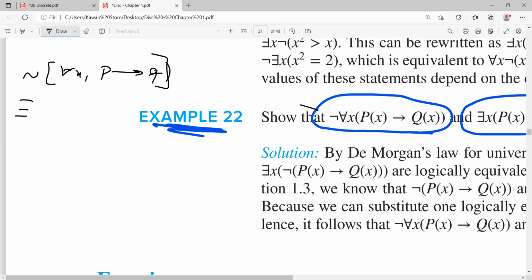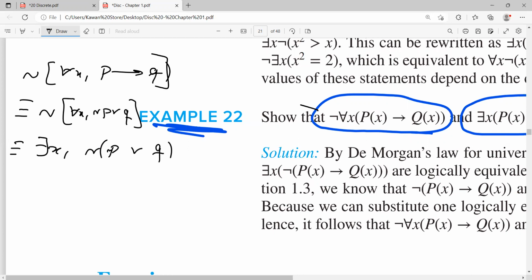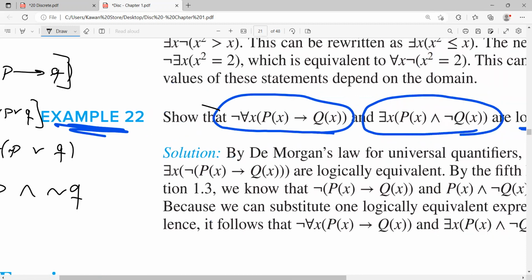I say it is equivalent to negation of for all x, negation of p or q. You know why? We use the property. Then the negation of for all will be there exists x, negation of p, and I'll get there exists p and negation q. Clear, dears?